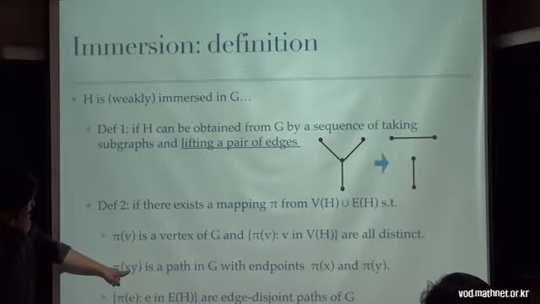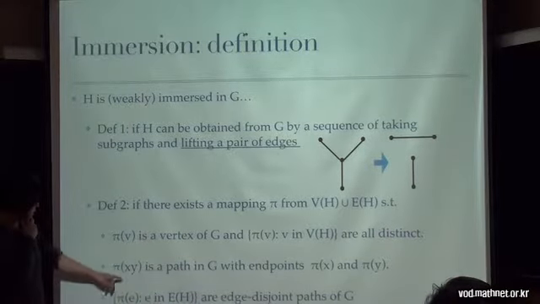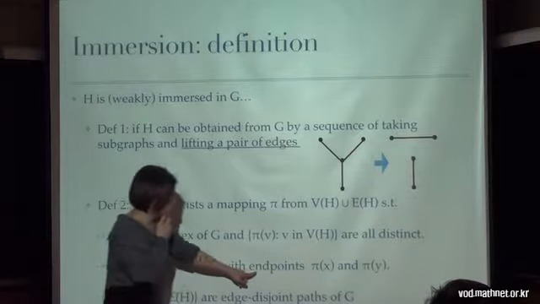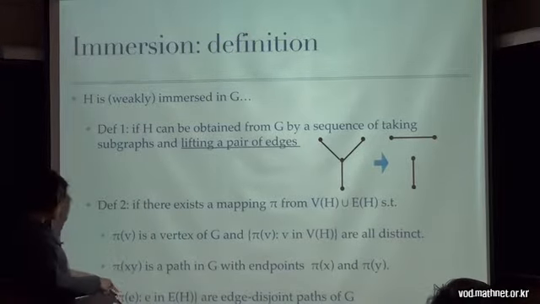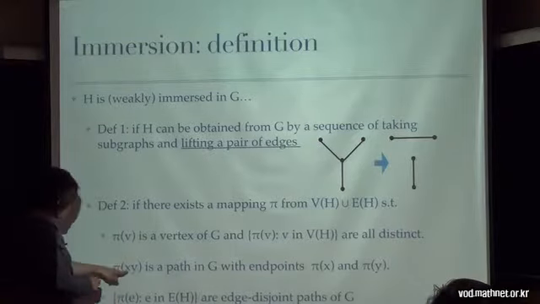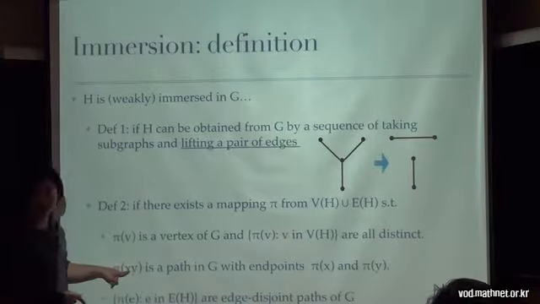For every edge of H, the image under pi should be a path in G, such that the endpoints of this path are the images of the endpoints of the edge.